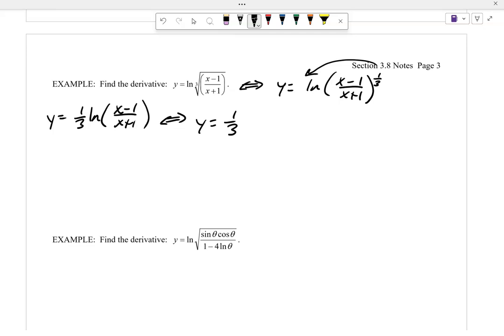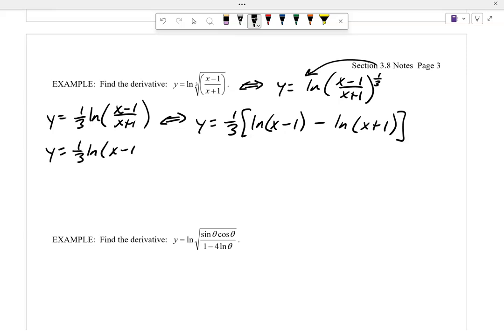So I got 1/3 times, because I'm splitting this using the quotient rule. So it's going to go from 1 logarithm to 2. So make sure you multiply that 1/3 through to both of those, right? You got to be careful when you expand that. So you got 1/3 natural log x minus 1 minus 1/3 natural log x plus 1.